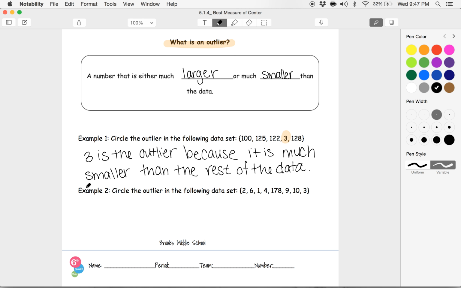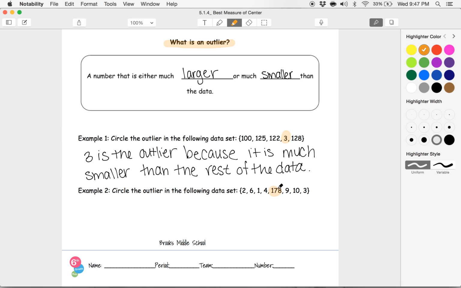Take a look at example 2. Circle the outlier in the following data set. 2, 6, 1, 4, 178, 9, 10, and 3. Which number seems like it doesn't quite fit? It's either much too big or much too small. 2, 6, 1, 4, 178, 9, 10, or 3.